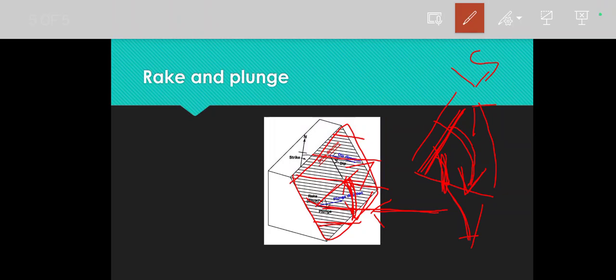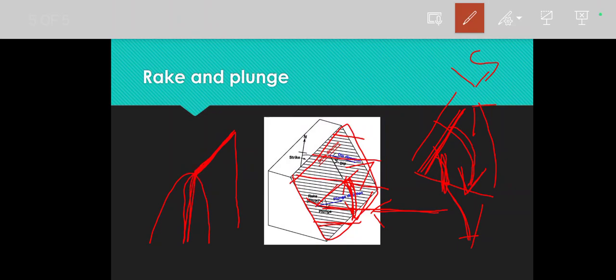Rake or pitch is always measured in the fault plane. Now coming to plunge. Plunge is for folded strata. This is your fold, this is the vertical plane, and this is the fold axis.